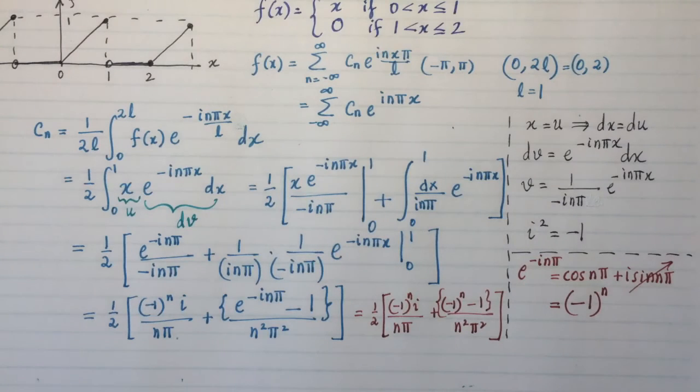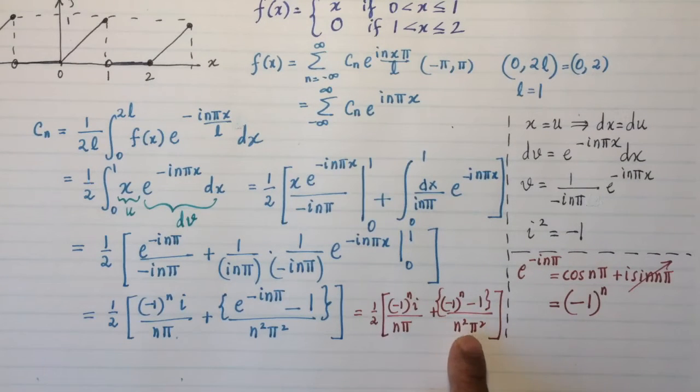Now, by the way, this also is valid for n equals 0, but for n equals 0, you have to take this limiting procedure of n tends to 0 of this type of thing, which is not that simple. So for n equals 0, my recommendation is to simply directly evaluate what it is.